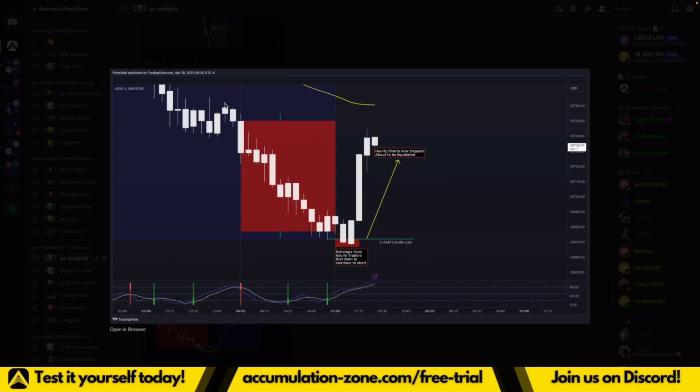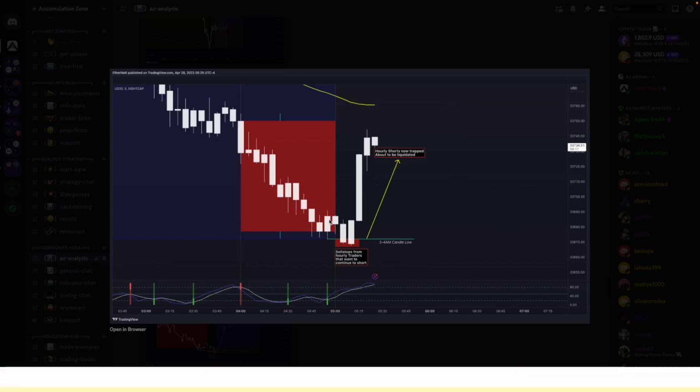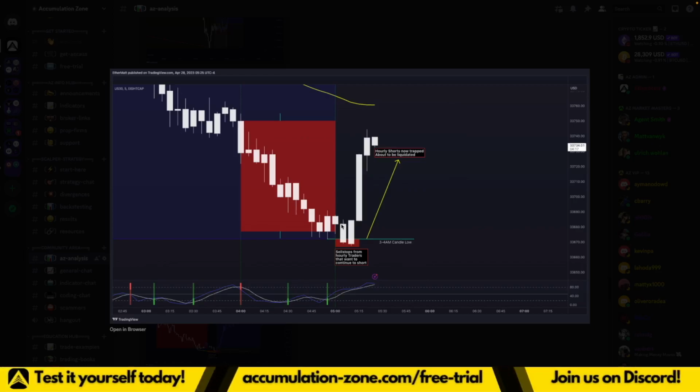And as you can see, inside of that hourly candle, we moved to the downside, downside, downside, and we formed our low right here. But we closed exactly at this level. So I actually made a small drawing mistake here, but that's not really the point. So we moved to the downside, and on the hourly time frame, we formed a low right here.